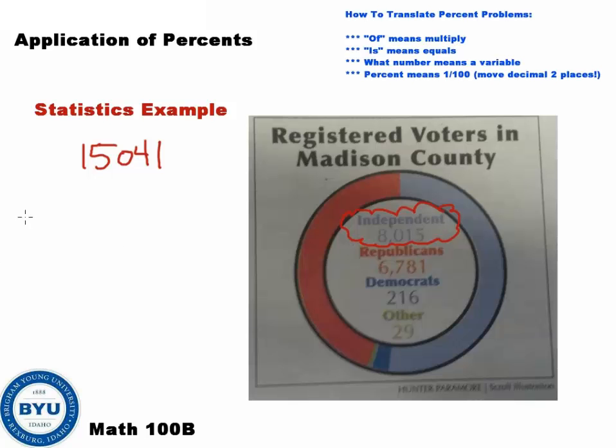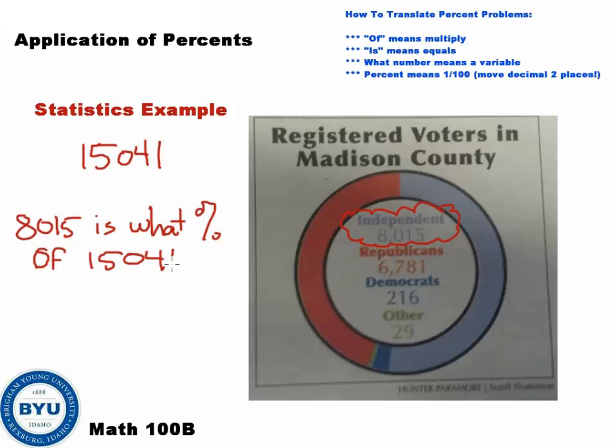So in other words, 8,015 is what percent of 15,041? We can figure out, using this same idea that we're learning in this lesson, what percent of voters are independent in Madison County. To do that, we would just write an equation. We would say 8,015 equals what percent, we don't know, of 15,041.